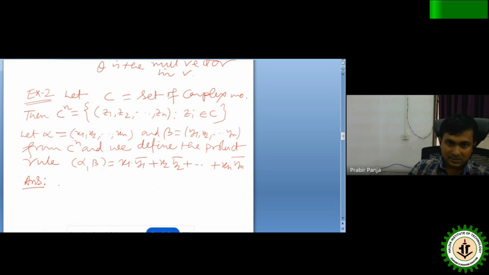So we'll check these four conditions for a complex inner product space under this product. The first condition: the inner product between alpha and beta is already defined as x1 into y1 bar plus x2 into y2 bar, in the same way up to xn into yn bar.